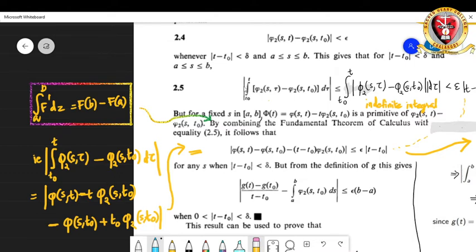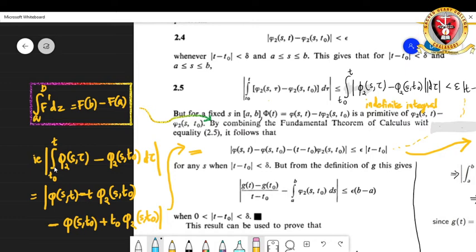We are going to again find this modulus of integral. Modulus of integral from t naught to t, phi 2 of s2 minus phi 2 of st naught d2.